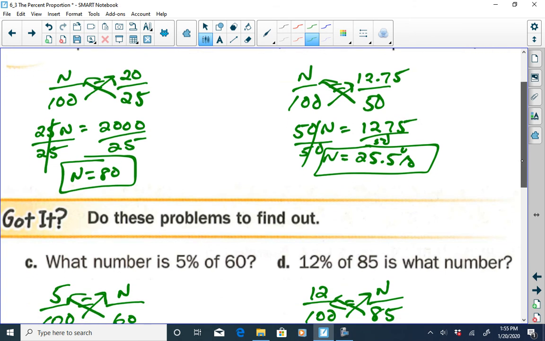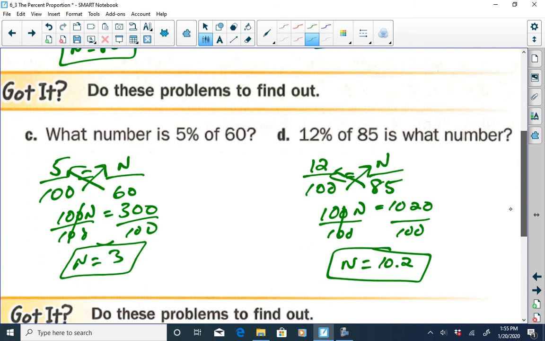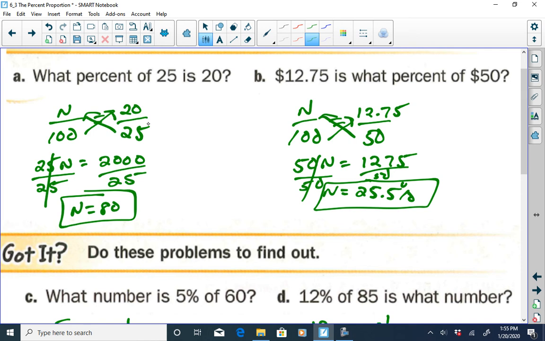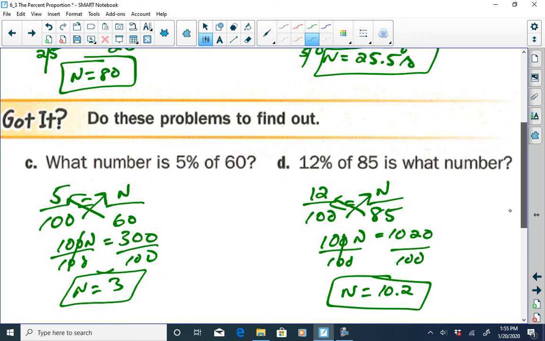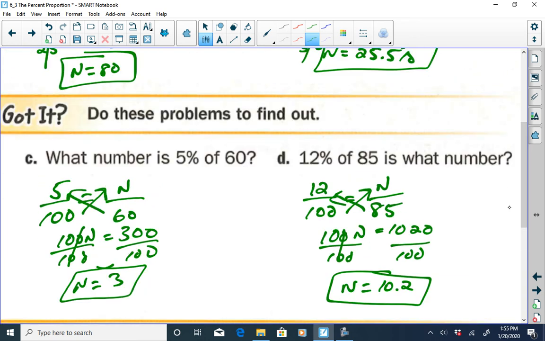Second type of problem we're doing, we're looking for the part, right? So the numerator of that second ratio is missing. We're looking for the part. We're given the percent, 5%, so that's the numerator of my percent ratio, but because we're looking for the part, the numerator of my other ratio, my part to whole ratio, that's going to be represented by the variable.